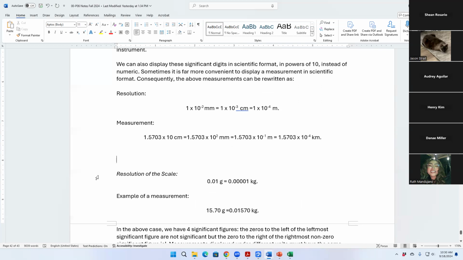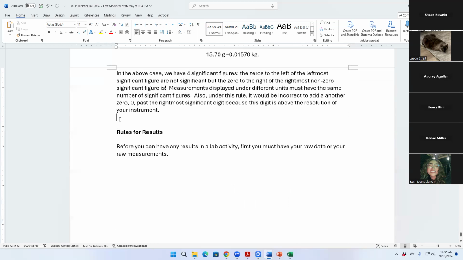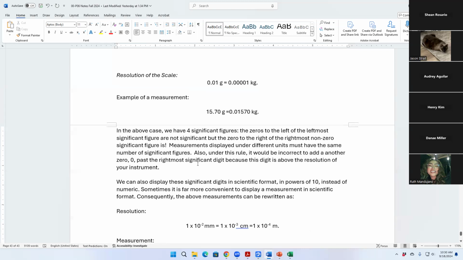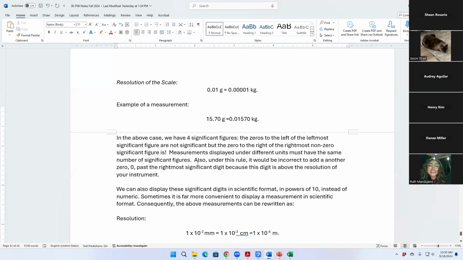And then we repeat. We can also display this condition in scientific format, in powers of 10 instead of numeric, right? We can even come up with a table. We might want to do that on your own.